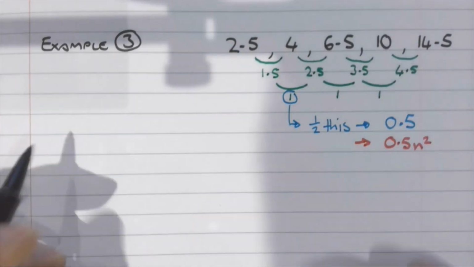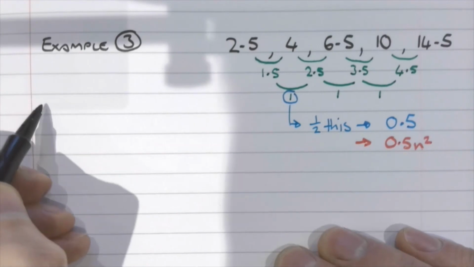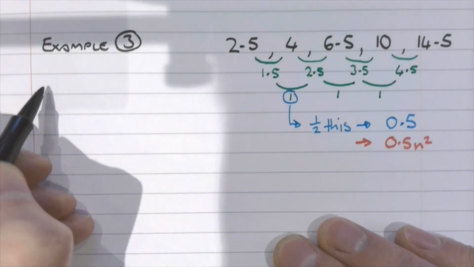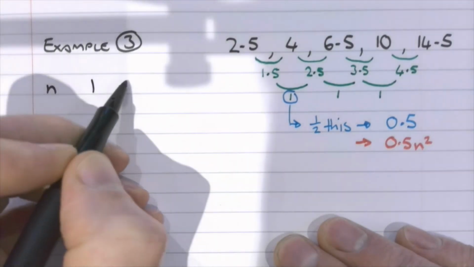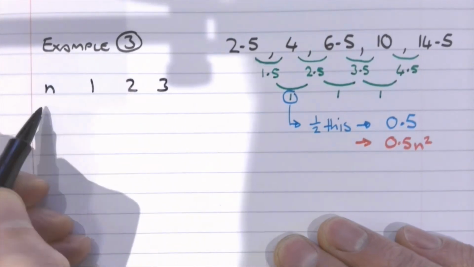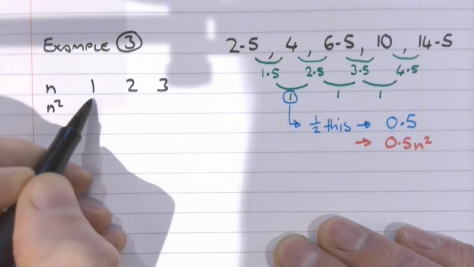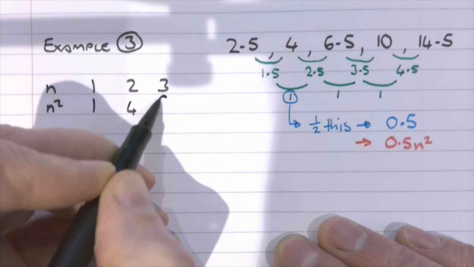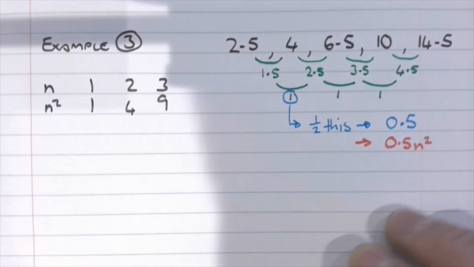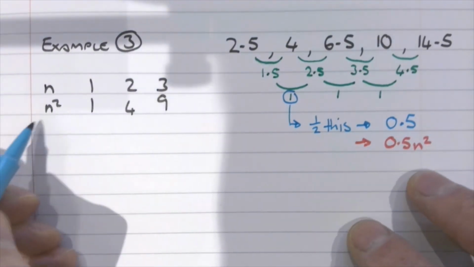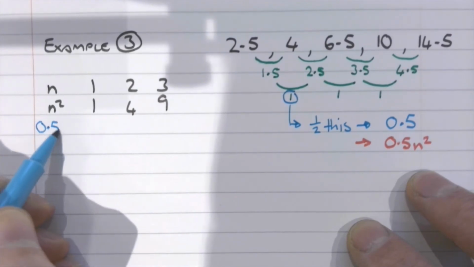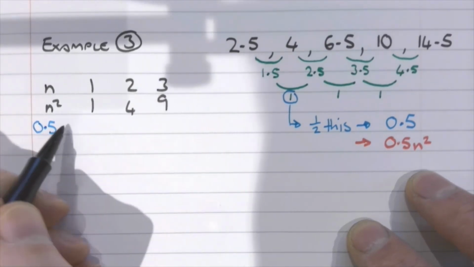So we do our little table again, so we need our n numbers, don't we? So n is 1, 2, 3, n squared is 1, 4, 9. What was our number? So it was 0.5. So what 0.5n squareds?